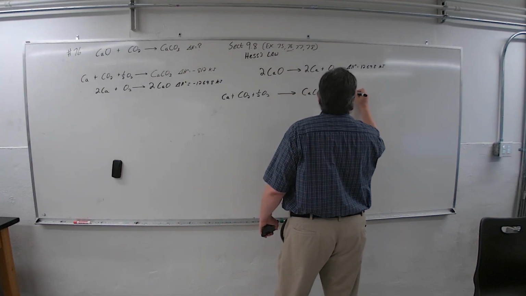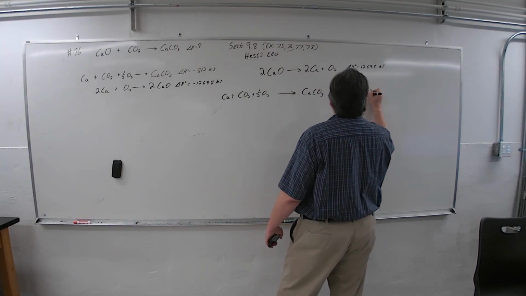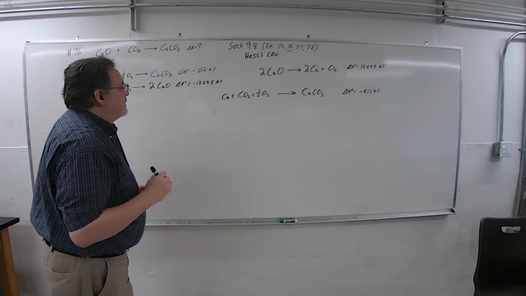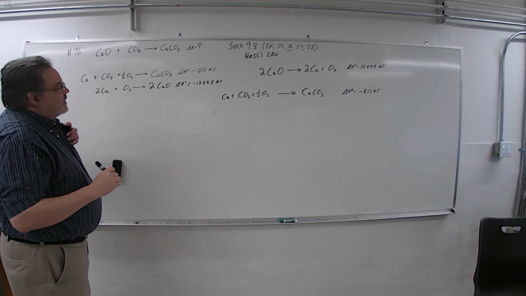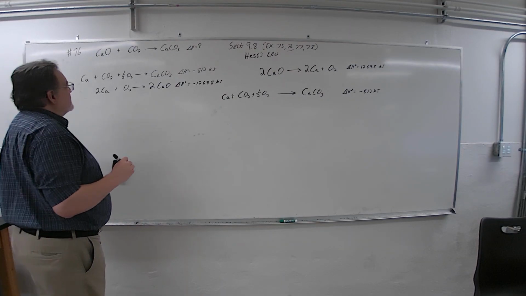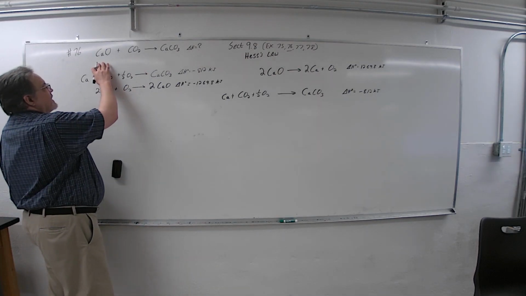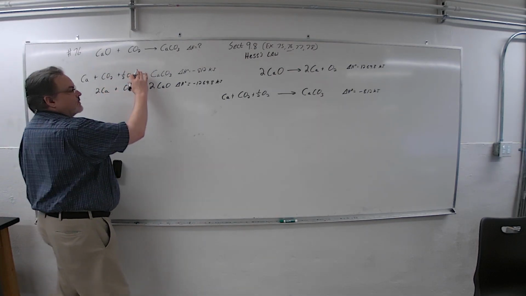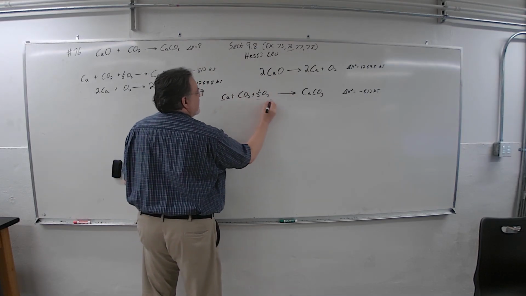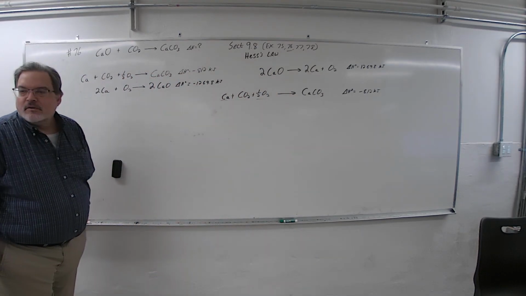I'm just going to copy it over, negative 812 kilojoules. All right. What I want on the left side is CaO and CO2, but I need to get rid of these two somehow. You with me?